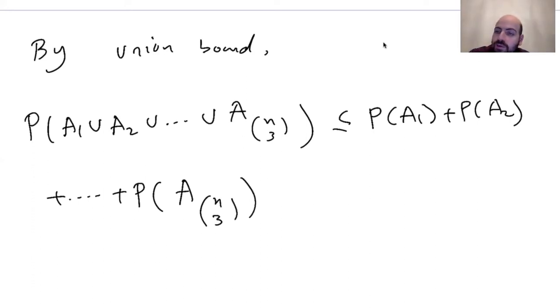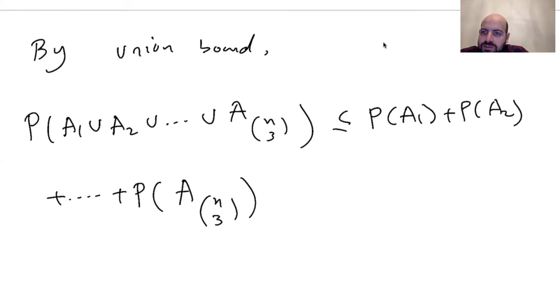How much is P of A1? A1 is the event of having a triangle with vertices 1, 2, 3. When can I say that I have a triangle with vertices 1, 2, 3? If there is one edge between vertices 1 and 2, one edge between 2 and 3, and one edge between 1 and 3. Each edge appears with probability p, and of course independent of other edges.